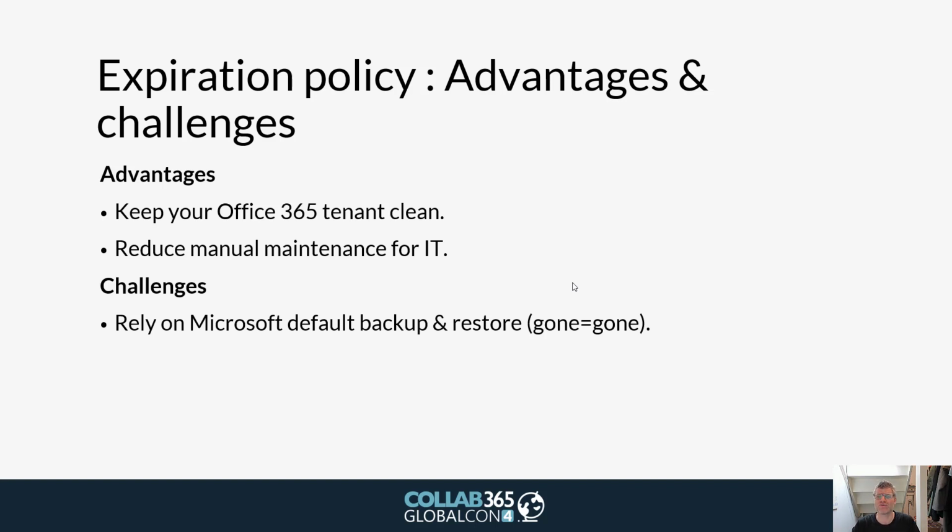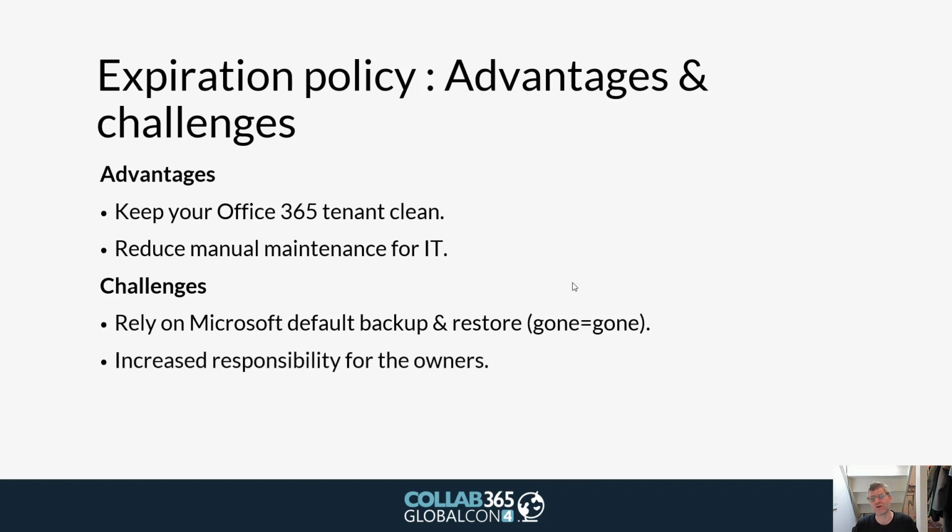If an owner decides to remove a team, gone is gone, right? A team that's being removed will be in a recycle bin for 30 days with everything, the chat, the planner, the videos, the documents. And after those 30 days, it will be automatically removed if you don't have any additional backup in place.